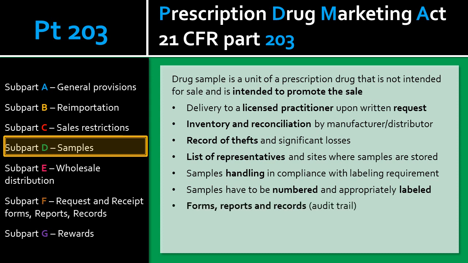In addition to that, drug samples have to be numbered and appropriately labeled. The manufacturer and authorized representative are responsible for maintenance of forms, reports, and records. These have to be made available upon request by the FDA or other federal, state, or local regulatory or law enforcement officials.